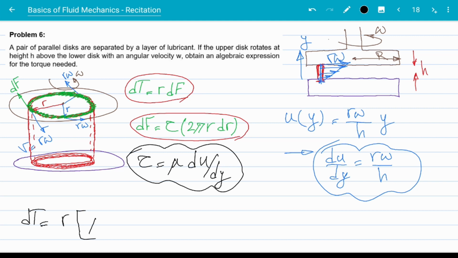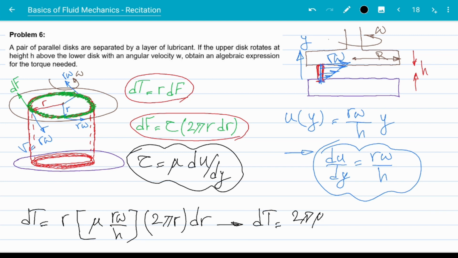Tau itself is mu times du dy, which is rw over h, times the area of the fluid element, 2 pi r dr. So to clean things up, I can say dT is 2 pi mu w over h r cubed dr.